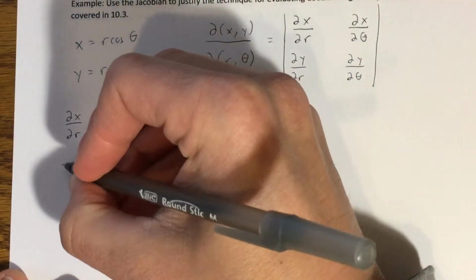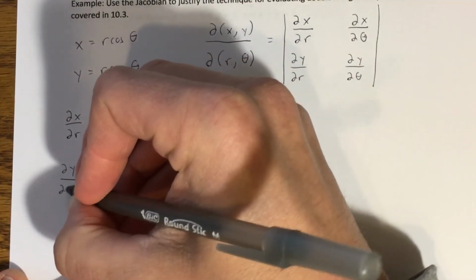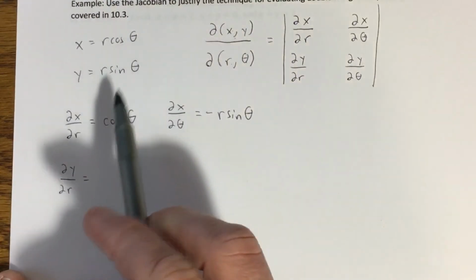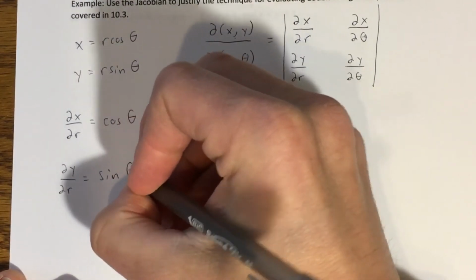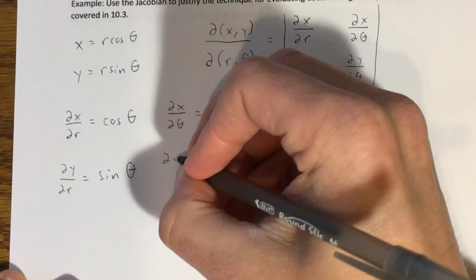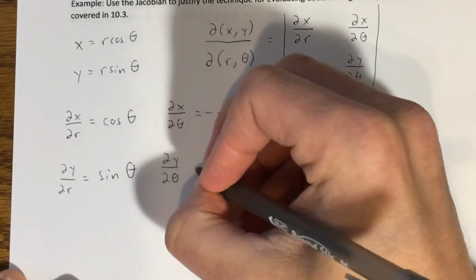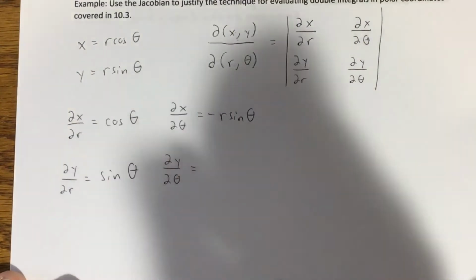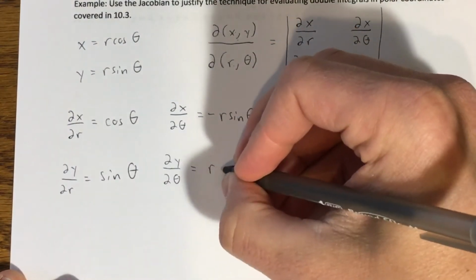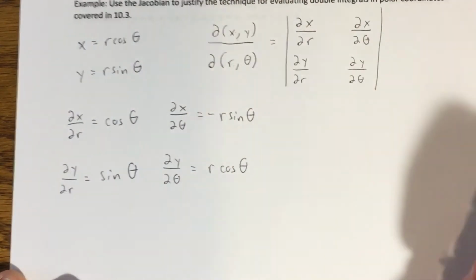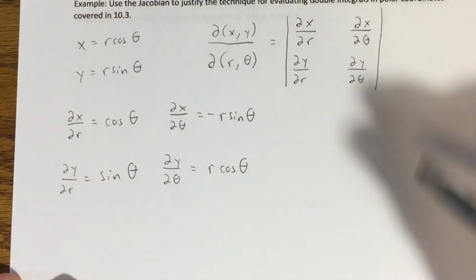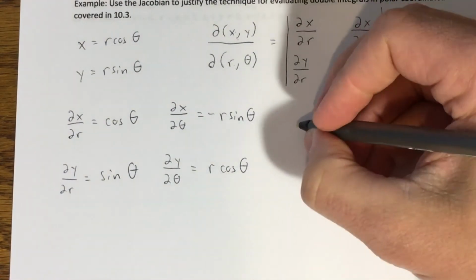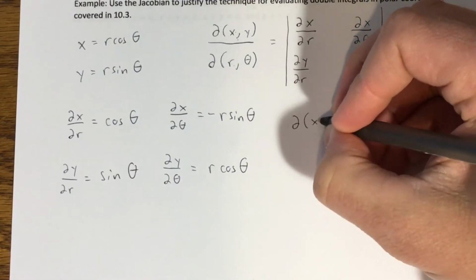Partial of y with respect to r would be sine of theta. And the partial of y with respect to theta would be r cosine of theta. Using those values in our Jacobian, it's going to look like this.